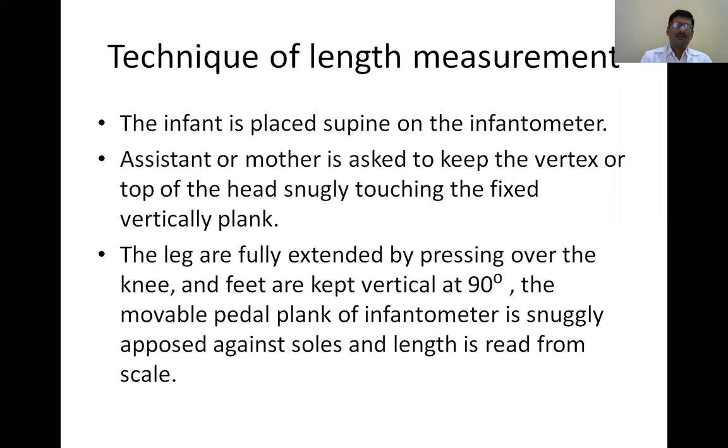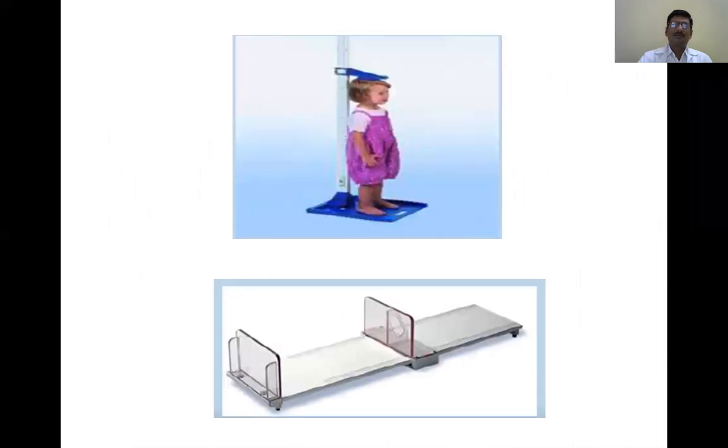The legs are fully extended by pressing over the knee, and the feet kept vertical at 90 degrees, and the movable pedal plank of the infantometer is slightly opposed against the soles, and the length is read from the scale. As I have shown in the previous picture, this is the moving pedal plank. This side will keep the head. From here you slowly move and you measure.